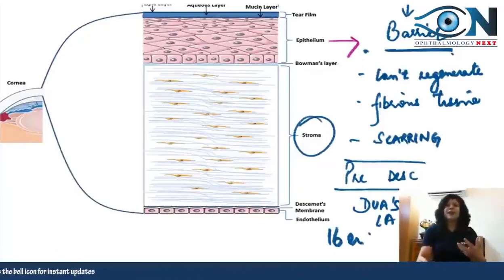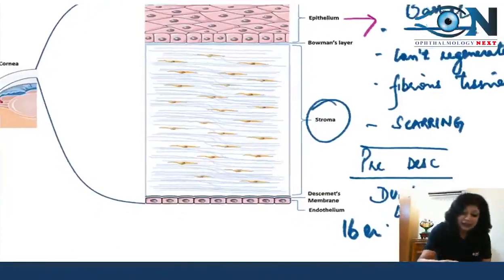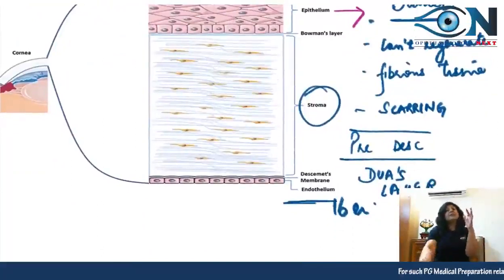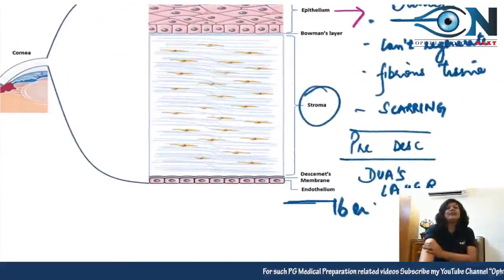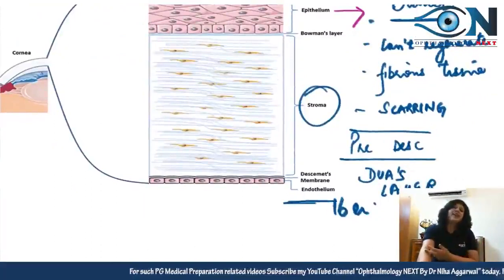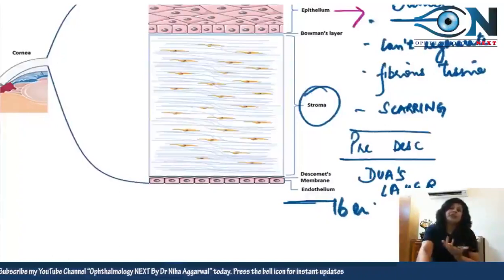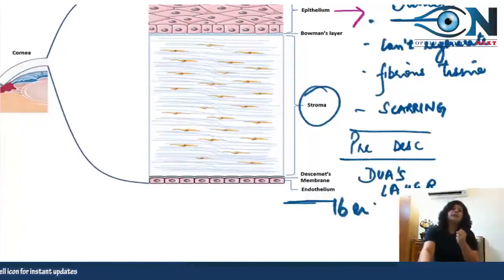It is like a powerhouse, a metabolically active layer. And can you see we have got a single layer of cells. Here we have got just the single layer of the cells, hexagonal cells they are. And this is one area where we have the sodium potassium pump, and this is also responsible for maintaining the fluid level.